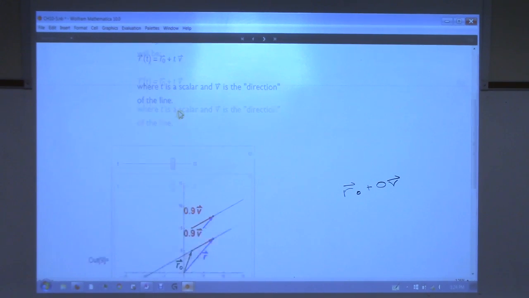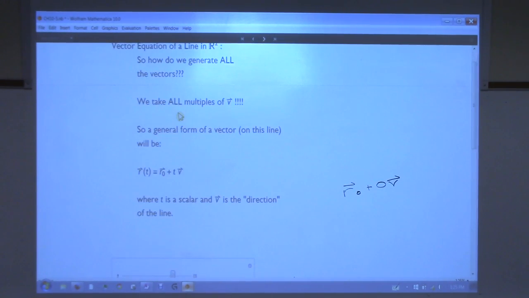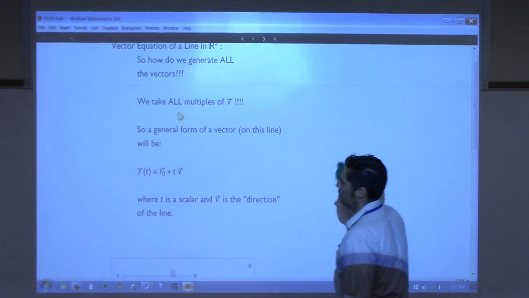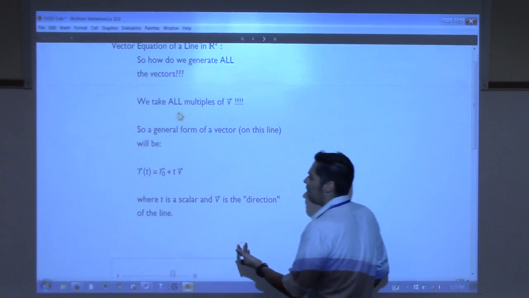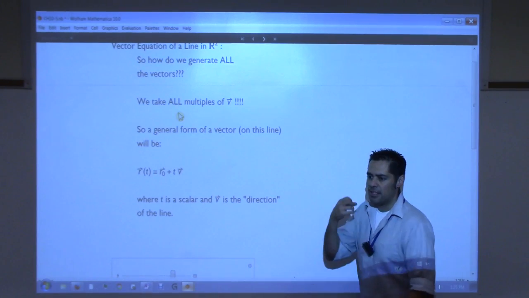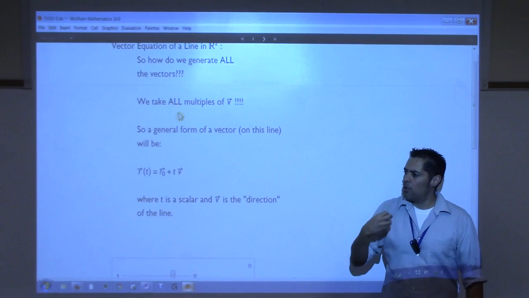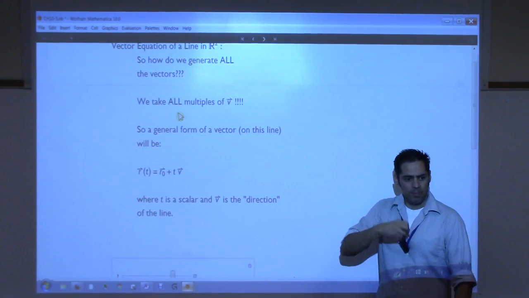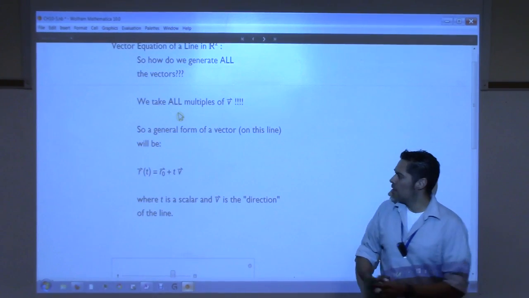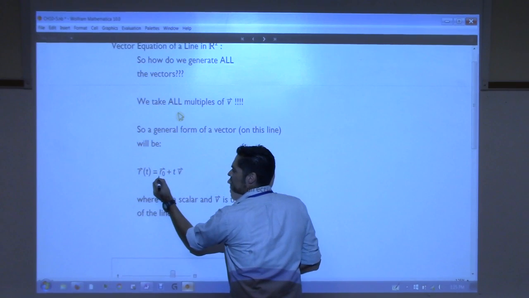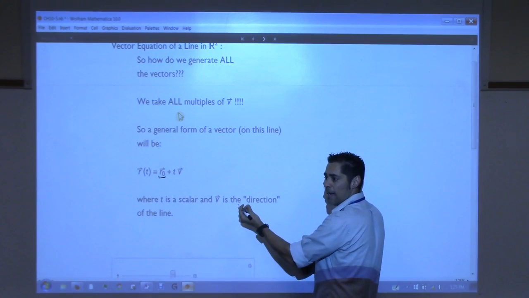And this is where we get this equation right here. What's happening is we have a vector that's being spit out, right? This vector keeps getting spit out. If I plug in a certain number in front of v, it's going to spit out a different vector. It depends on the number. So right here what we have is r naught is that initial vector, that black vector.